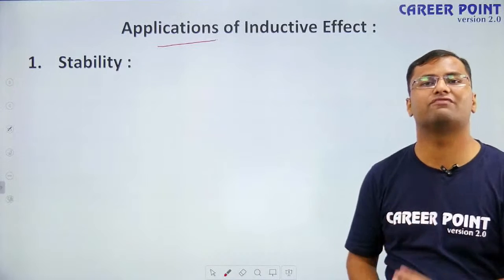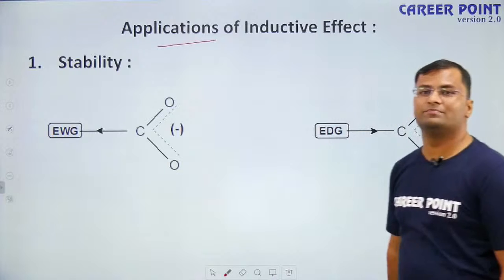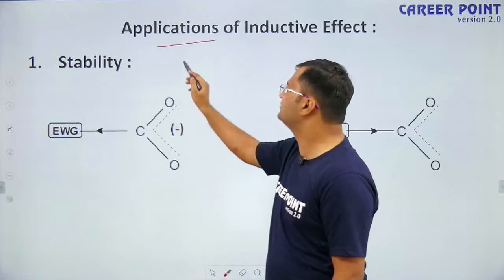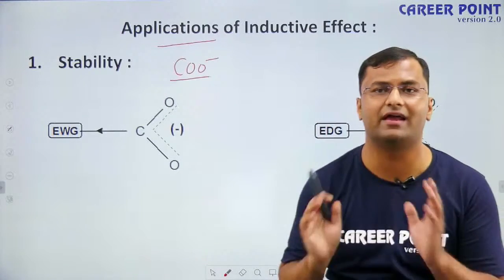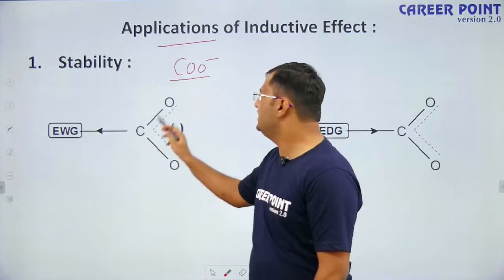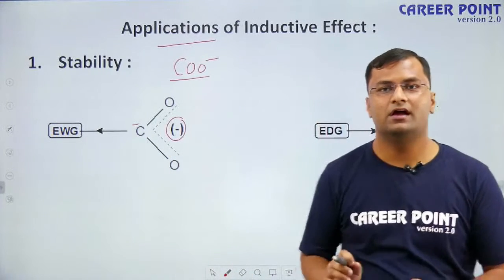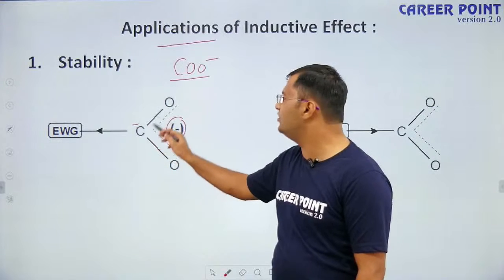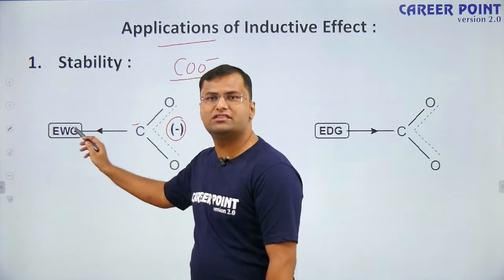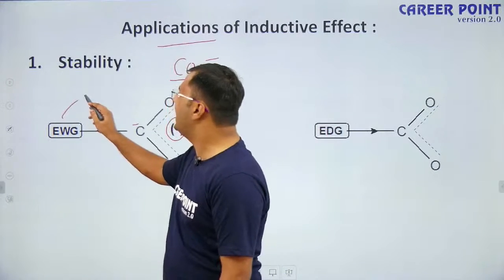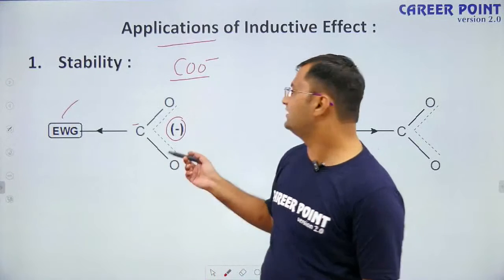Let us take an example of the carboxylate ion. Clear? Now, here is COO minus. This is, we can say, the carboxylate ion. Clear? Now, in COO minus, the minus charge is on the oxygen. Now, if we want to stabilize this COO minus, and it is attached to an electron withdrawing group, this may be any atom which has more electronegativity than carbon.